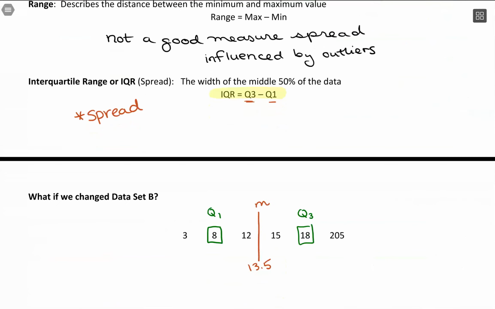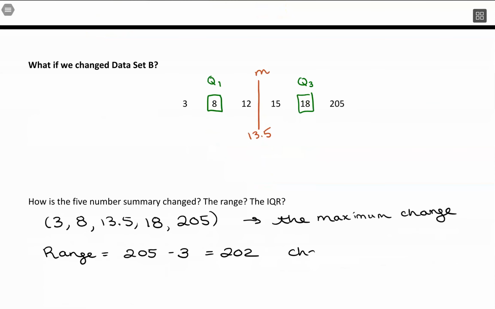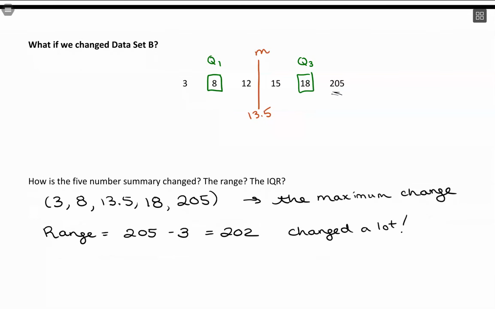So this is an example of how range is influenced by outliers. This changes a lot. Because it changed a lot, we want to be careful about using it to describe our data, because really that's just one data point causing this extreme value. So we don't want to use it to describe the spread.